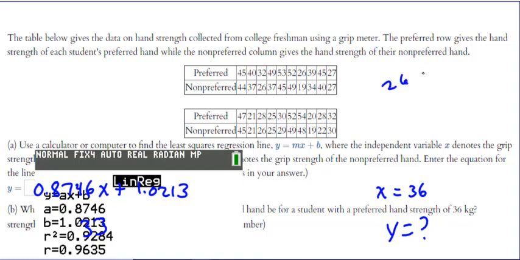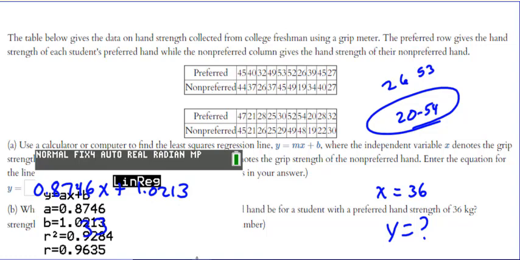What's my highest on the top row? 53. Okay, what's this one? 21, 20. I've got a 20, and then what's my highest one? 54. Okay, so basically all my data on my group preferred is between 20 and 54, right?